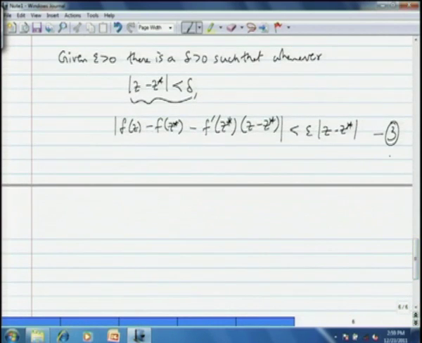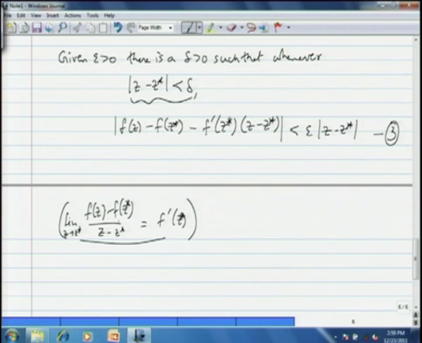This 3 is clear from the definition of differentiability: f of z minus f of z star divided by z minus z star, the limit of this as z approaches z star is equal to f prime of z star. Okay. So, from this we get this inequality. This limit means the above inequality.